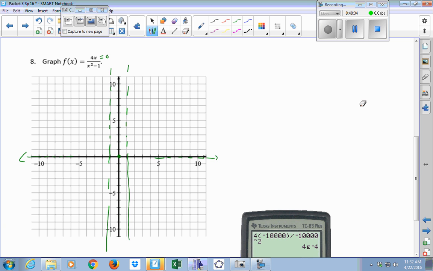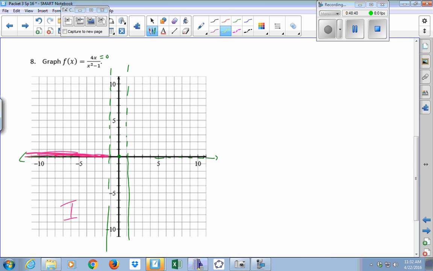So to do your sign test, you've got 4 regions, folks. You've got this region, this region, this region, and that region. So you have to do 4 sign tests to know what's happening to your graph. There's no way around it.